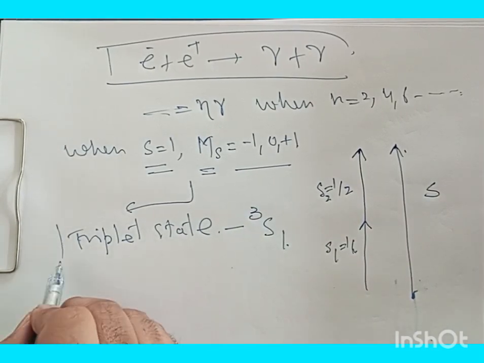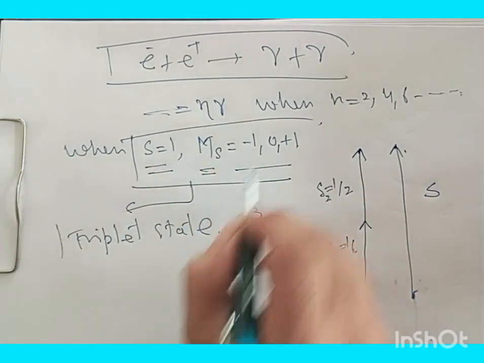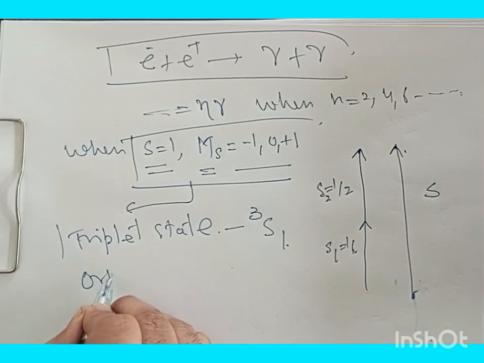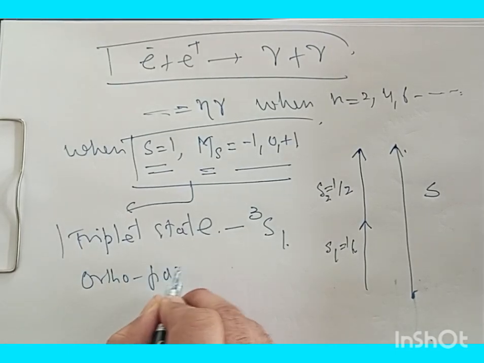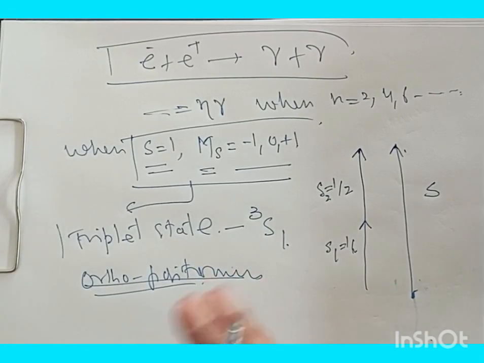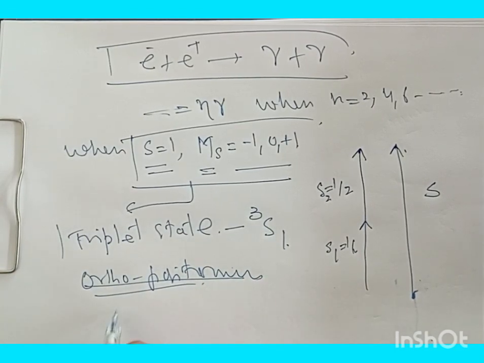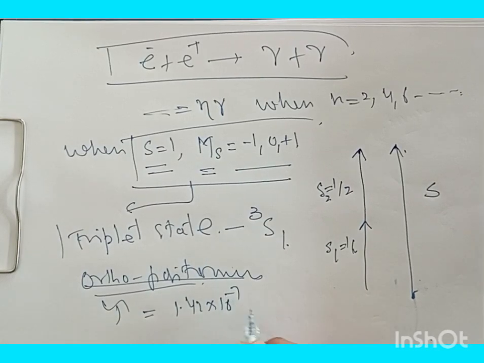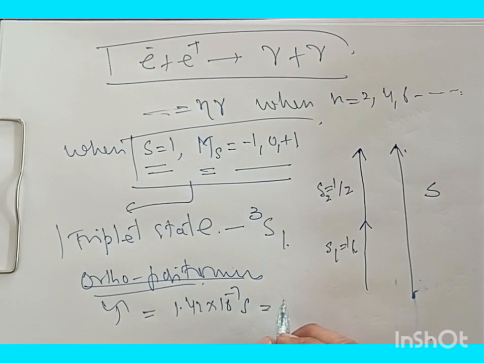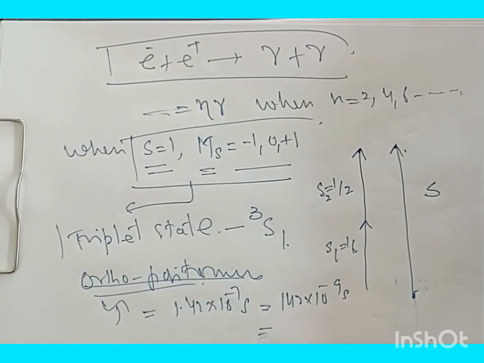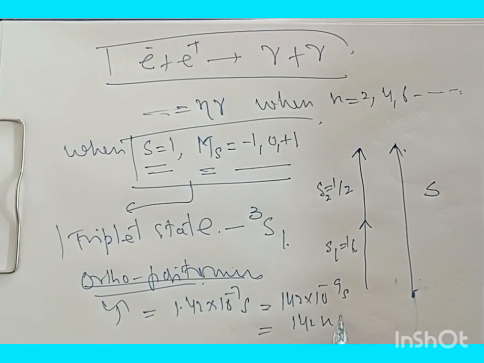This state of positronium is also known as orthopositronium. The mean life of this orthopositronium, if I take tau as mean life, is nearly 1.42 times 10 to the power of -7 seconds. We can approximate it as 142 times 10 to the power of -9 seconds, so this is 142 nanoseconds.